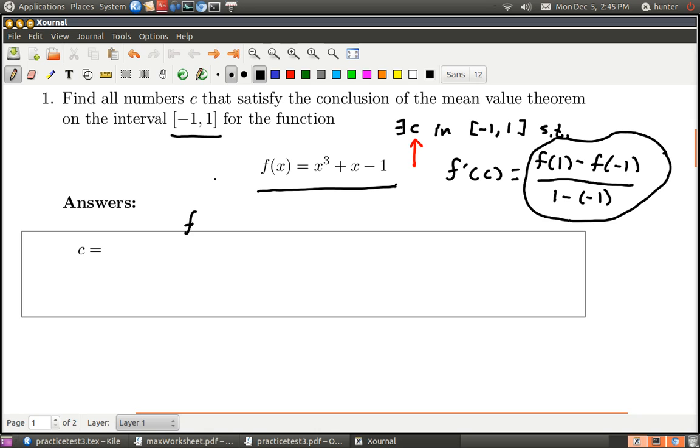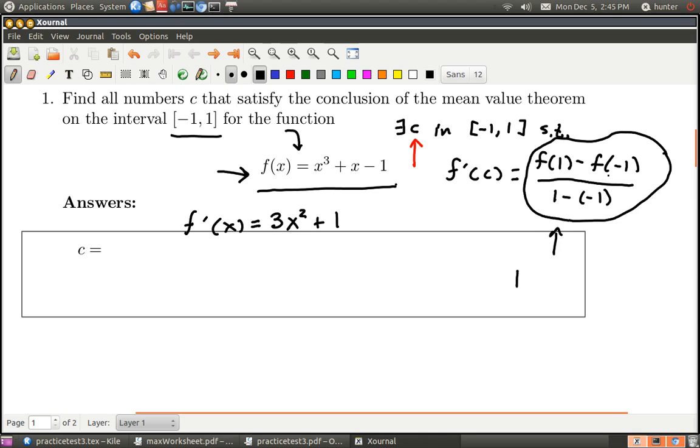So the derivative of this function is f prime of x equals 3x squared plus 1. Now what kind of c do we want? We want a c that satisfies this equation, and now I'd like to know what this number is. So I just plug these values into the function to figure out what this number in disguise is. Plugging in 1, this is 2 minus 1, which is 1.